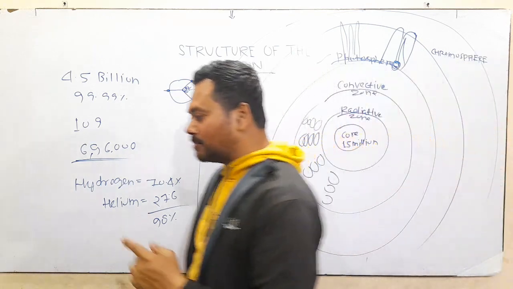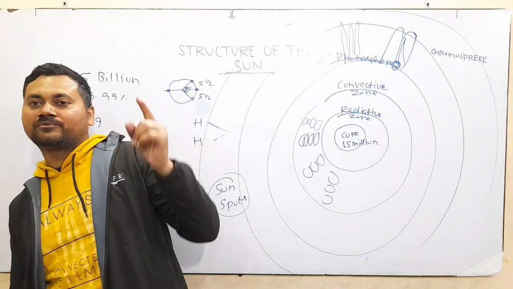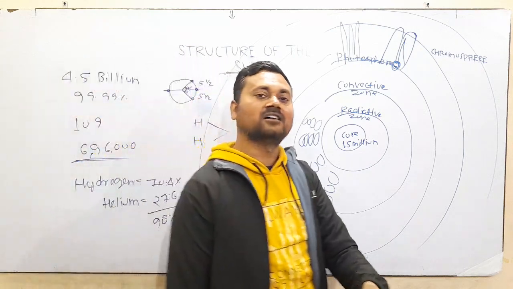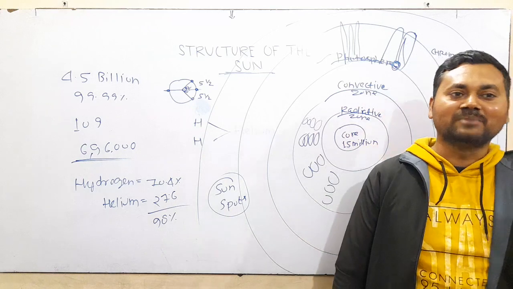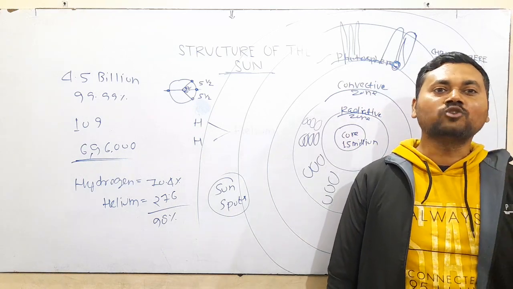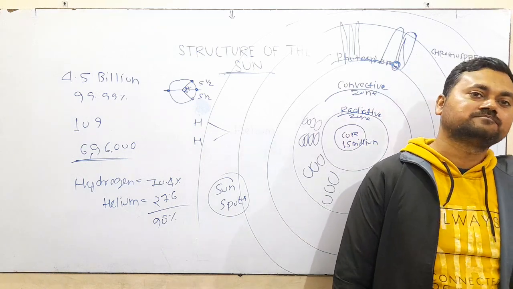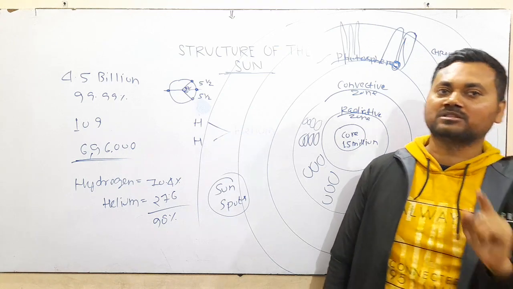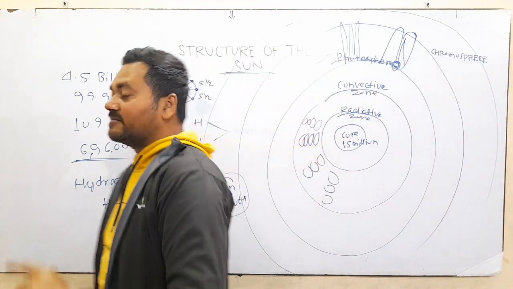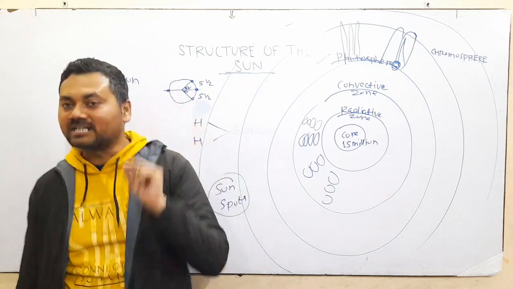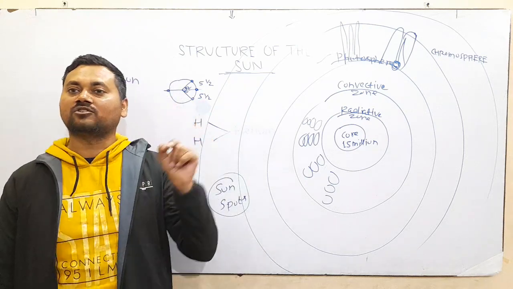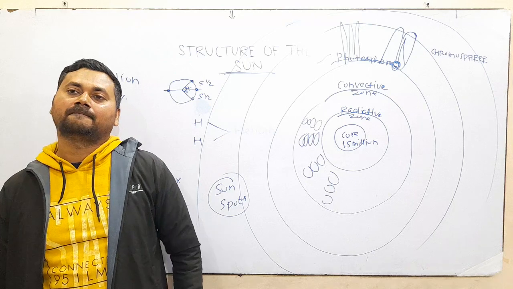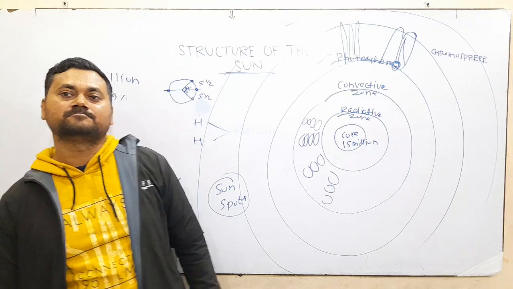And in order to complete one revolution around the center of the galaxy, the Milky Way, how much time is required? In how many years does the sun complete one revolution around the center of the Milky Way? 25 years.